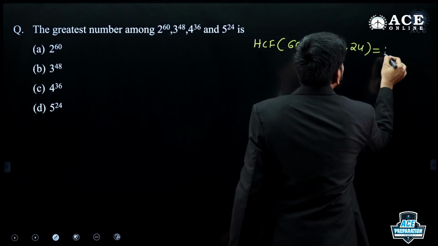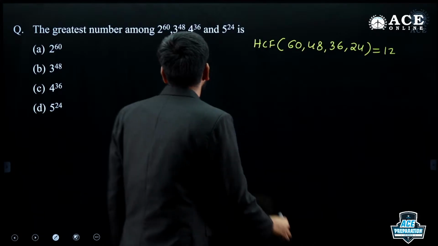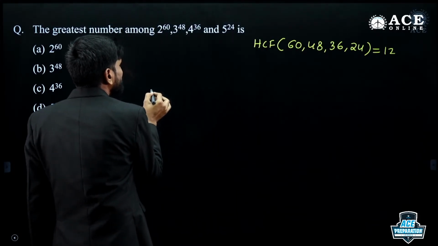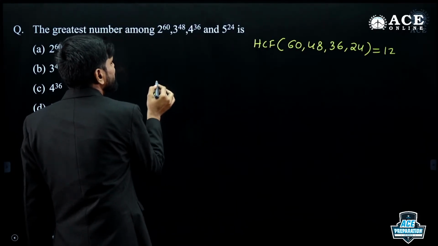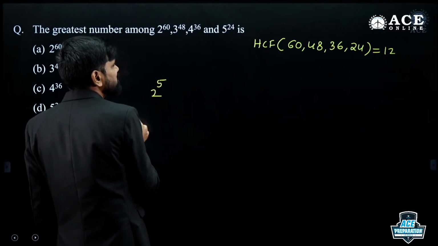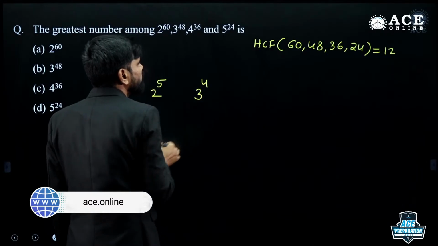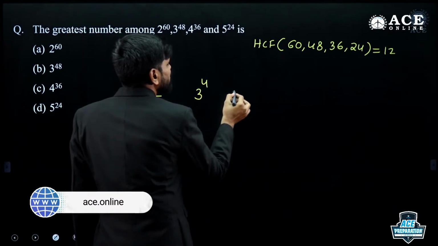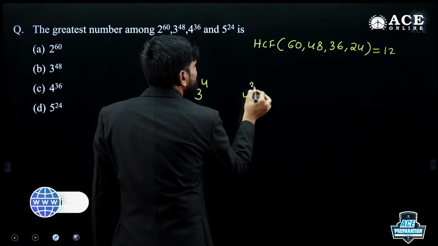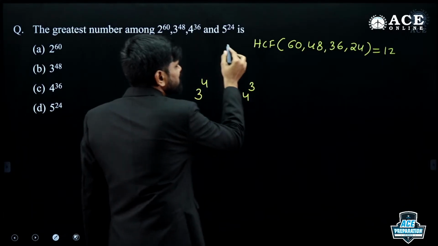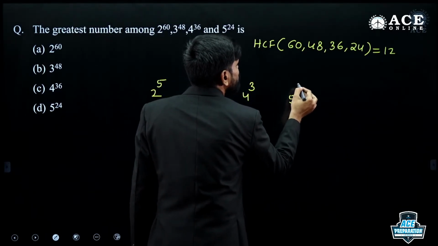You simply remove the HCF over here. You cancel it with 12 here. That will give you what? With 12 if you cancel it, that will give you 12 5s are 60. This will be 12 4s are 48, 12 4s are 48. Next, 12 3s are 36, this is 5, 12 2s are 24.